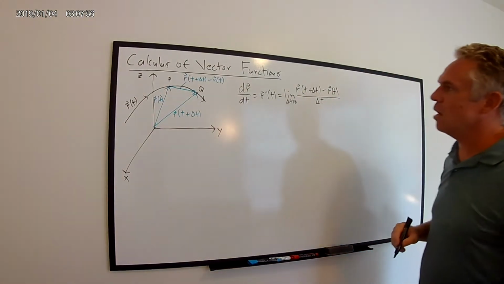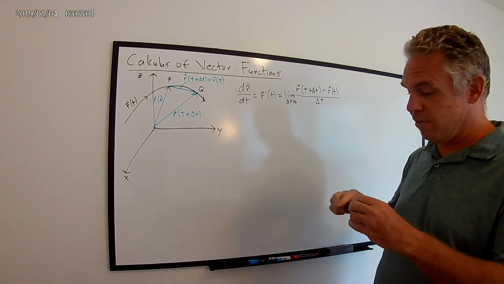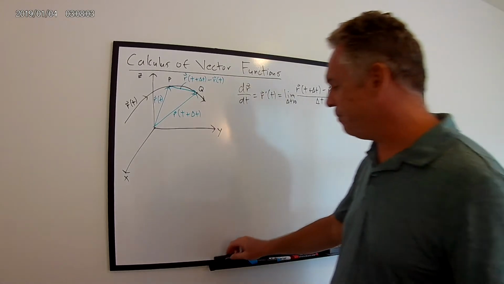This is the definition of the derivative of a vector function. Now this is very similar to the definition of a derivative of a regular function, if you guys recall that.